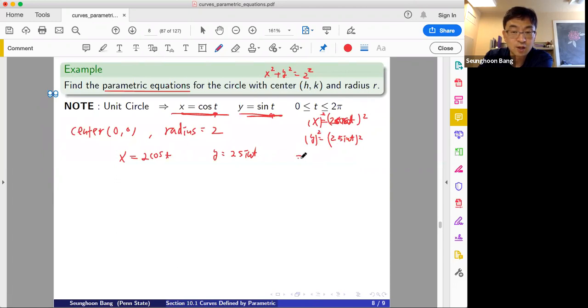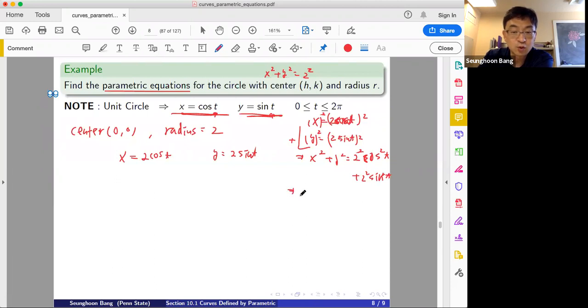Scale both sides. Same to what? Square x and add it. x squared plus y squared equals 2 squared cosine squared t plus 2 squared sine squared t.